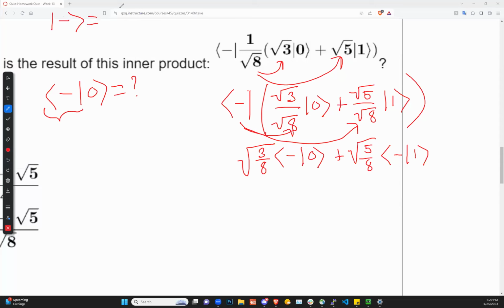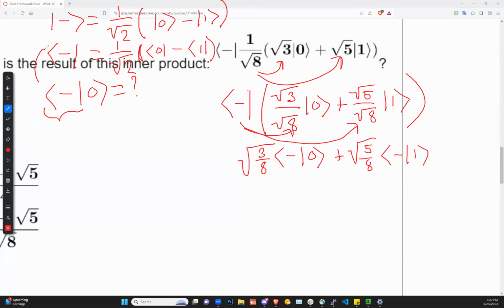So the minus ket is equal to 1 over the square root of 2 times the 0 ket minus the 1 ket. This is the ket representation of the minus state in terms of the 0 state and the 1 state. So if I wanted the bra representation of the minus state in terms of the 0 state and the 1 state, I would keep this 1 over square root of 2. I'm sorry, it's kind of hard to see. And then I would just flip these kets into bras, and I get the correct representation here.